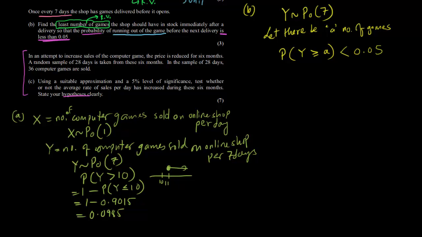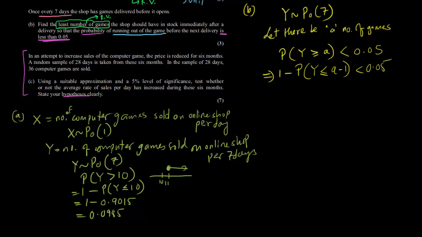So what we have to do is, first of all, make it cumulative. Otherwise we cannot look up the table. So for making it cumulative, it has to be 1 minus the probability of Y is less than or equal to a minus 1. Now what does that mean? Well, think about this.